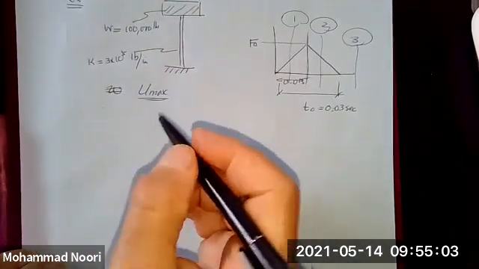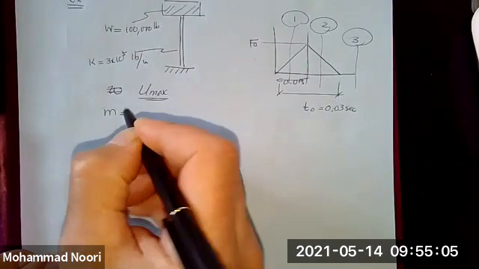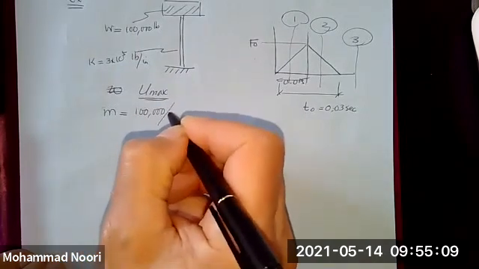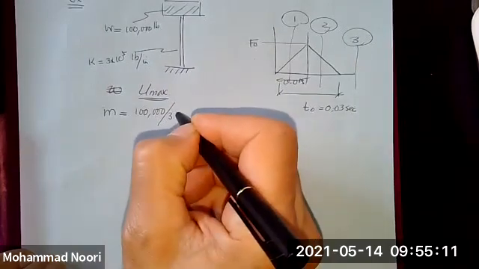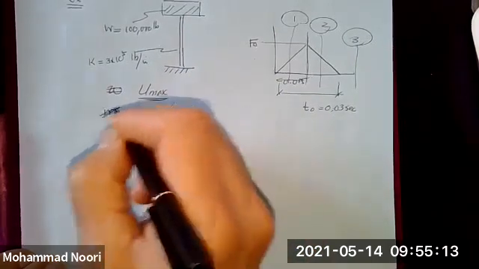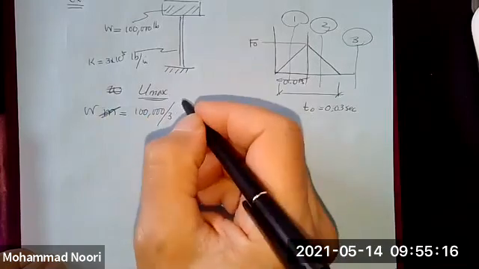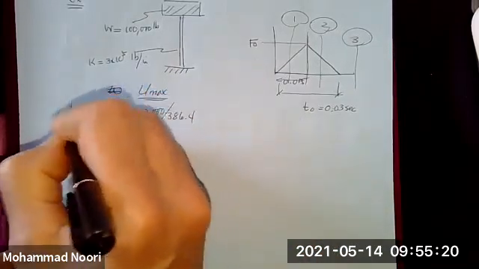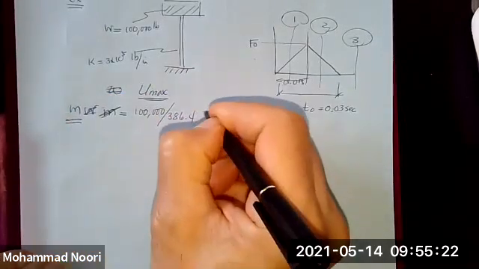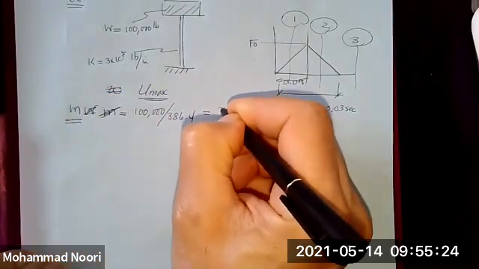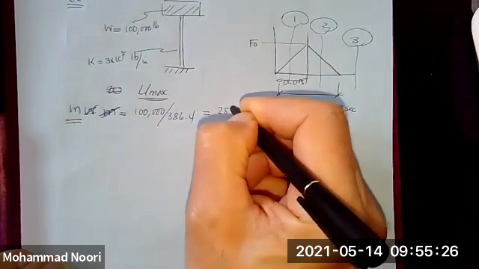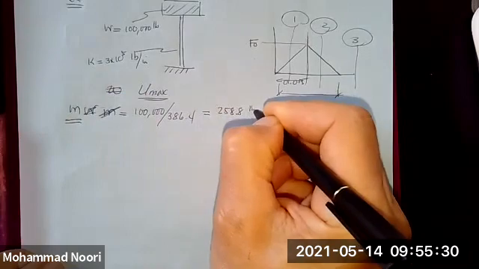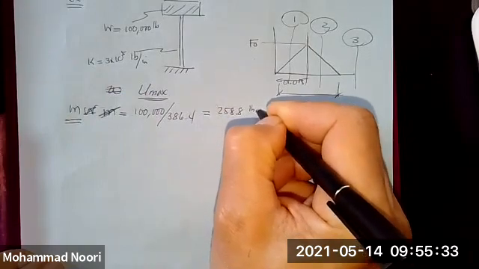The weight given is 100,000 pound force. So let's convert that, I'm sorry, this is the weight that is given. So divided by 386, that'll give you the mass, which comes out to be 258.8 pound mass.